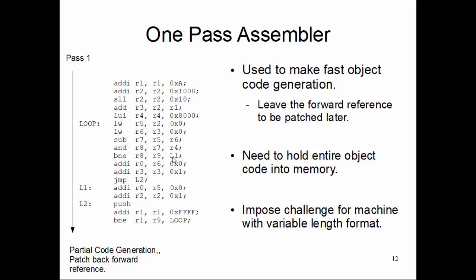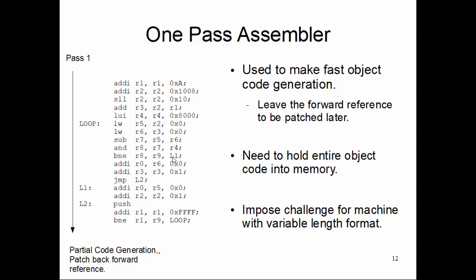I just want to make sure that you are aware of this fact as well. So in the one pass assembler, apart from needing to hold the entire object code inside memory, which increases the memory footprint of the assembler at runtime, it may impose challenges for machines with a variable length format.